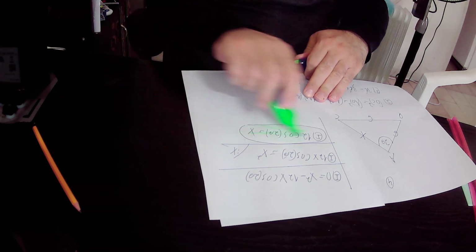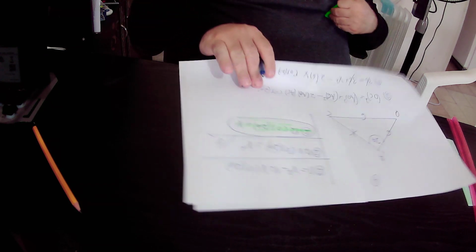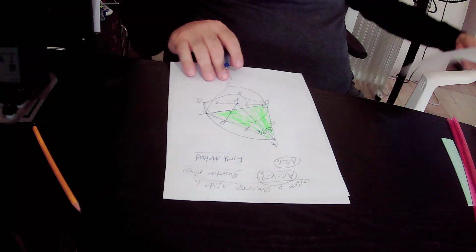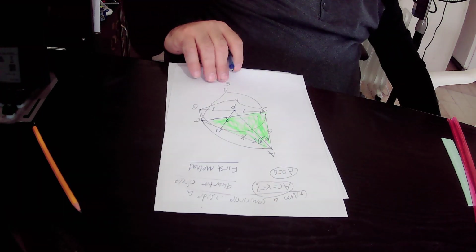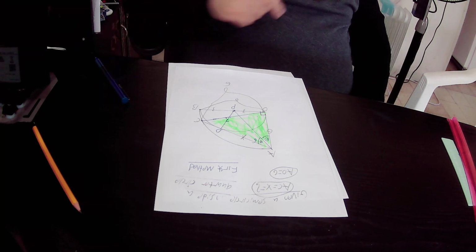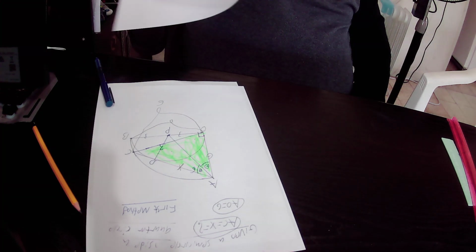Now the only thing that is left is to find out the value of cosine 2 theta. And actually we have a trigonometric identity for cosine 2 theta.